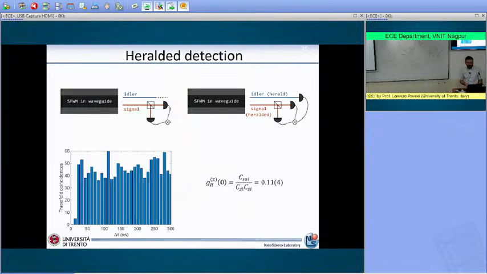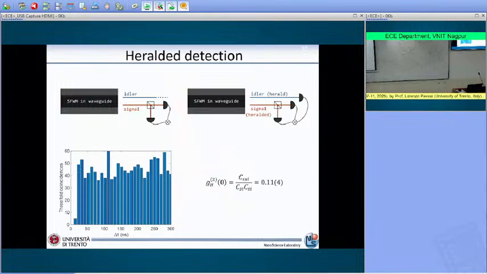So this is an actual experiment that we have performed in the lab with our single photon heralded source. This is a 3-photon coincidence, meaning that we are measuring the clicking of the 3 detectors at the same time, meaning that we are measuring the click of the heralding as well as the click of the heralded photons.